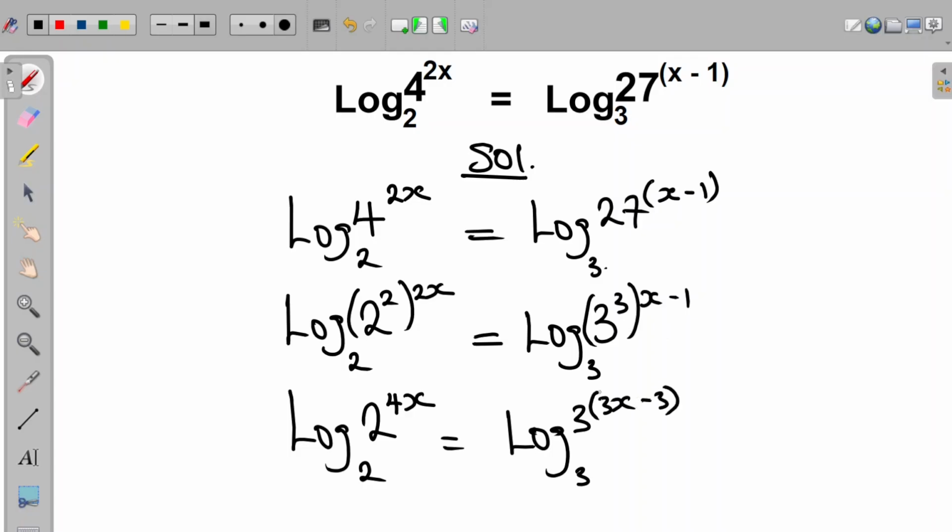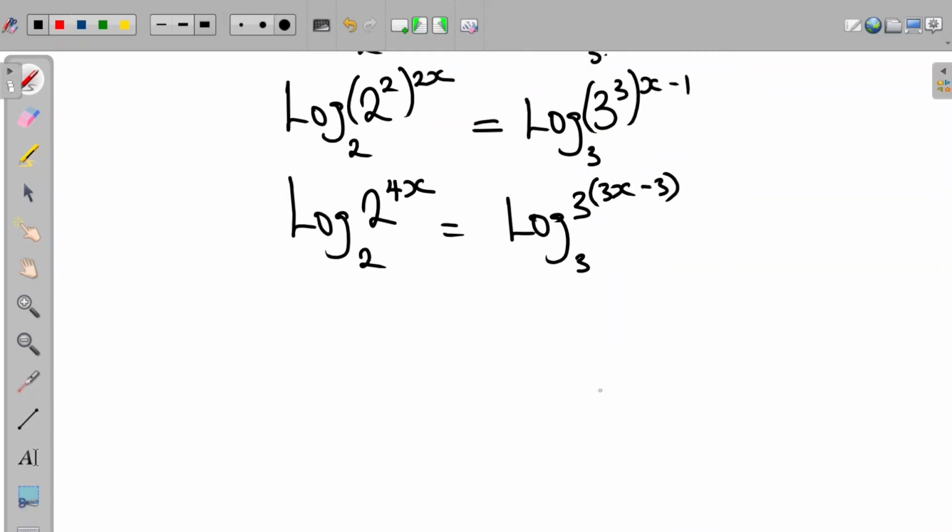Now at this point, we apply the index law of logarithm. Recall that if I have log n to the power of p in base n, this can be expressed as p multiplied by log n in base n.